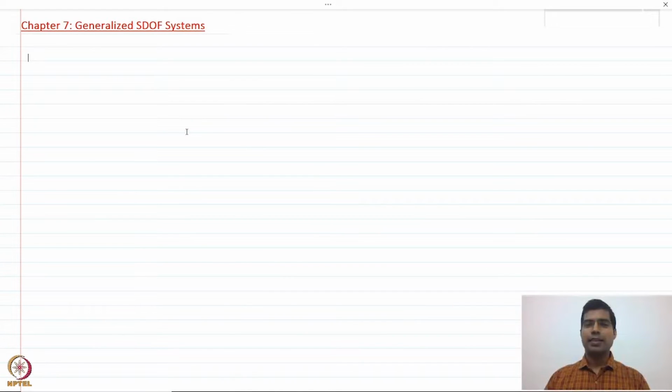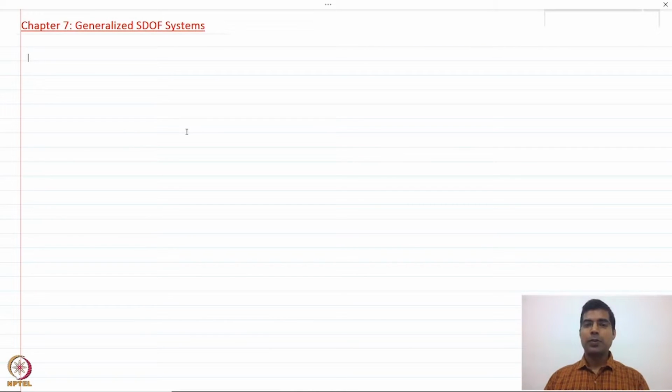We have been discussing so far a spring mass damper representation of different types of systems. But as you would realize, in reality, most structures are not discrete mass, spring and damper, right? You have a structure like a beam, a column.